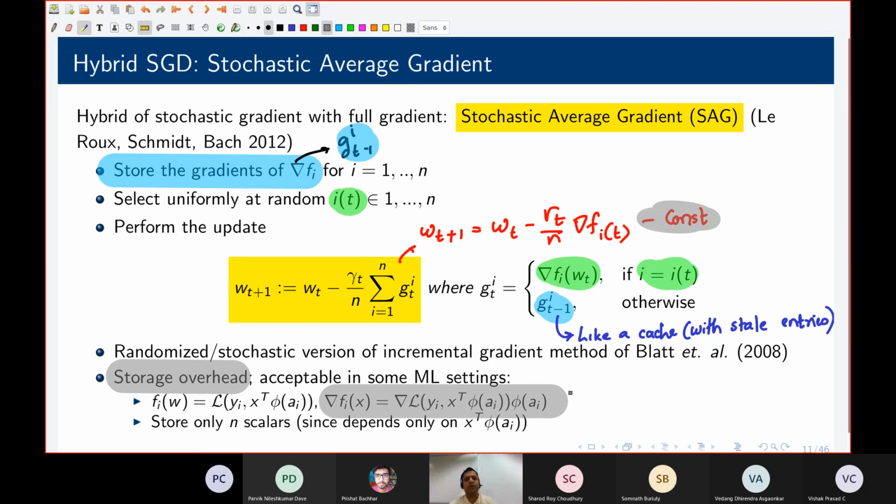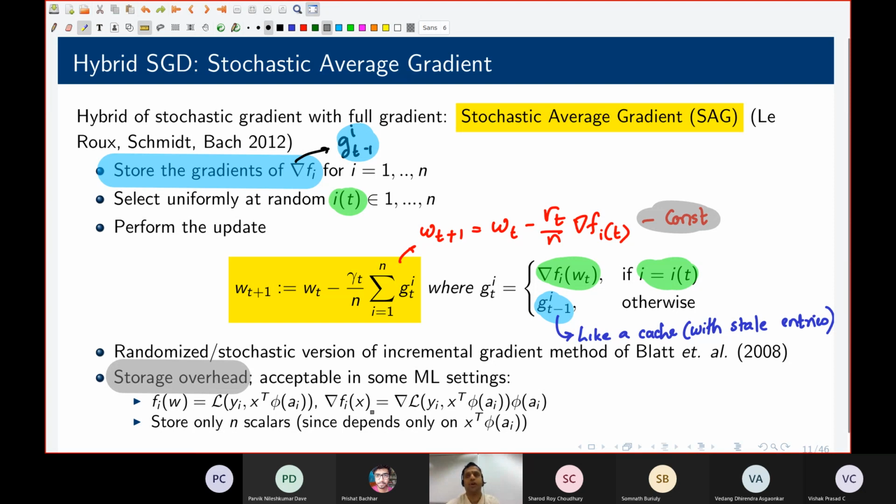But now what you may do is, this phi_i, since the whole thing depends on X transpose phi_i, let's say in the case of logistic regression classifier, you're looking at this dot product and a sigmoid around that. So what should you store? You have to store a little intelligently.